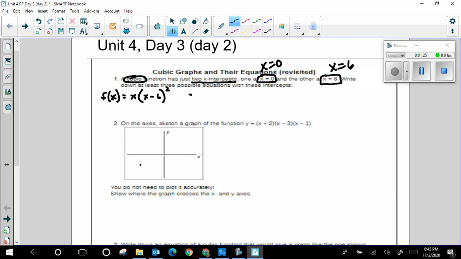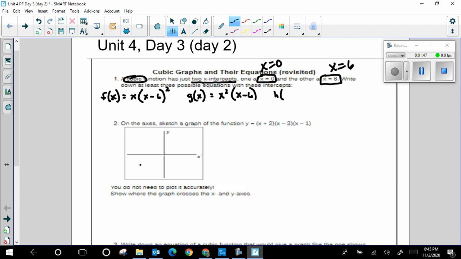So I need at least 3. I'll probably write down about 6 for you. Okay, so we can do the exact same thing. We're just going to make x squared our repeated factor. So I still have a 0 at x equals 0. In fact, I have 2 of them. And I have 1 at x equals 6.